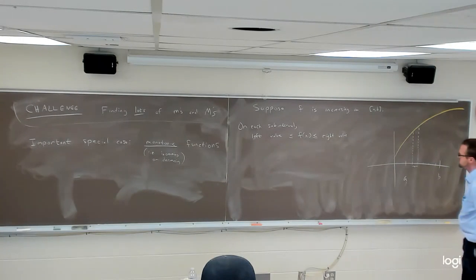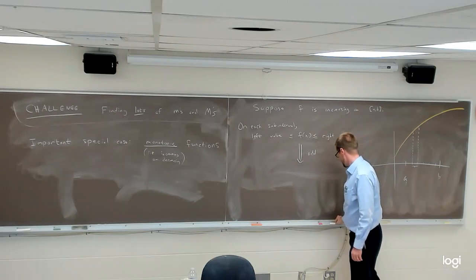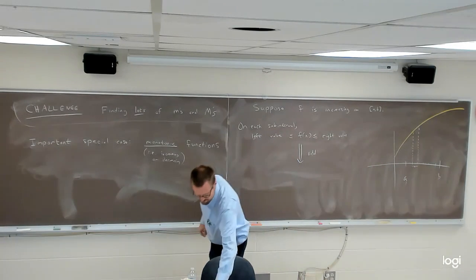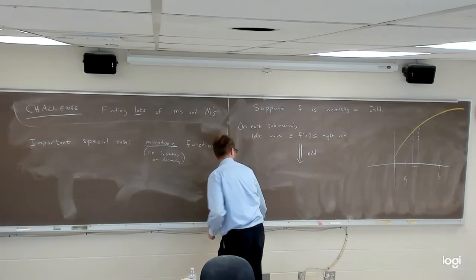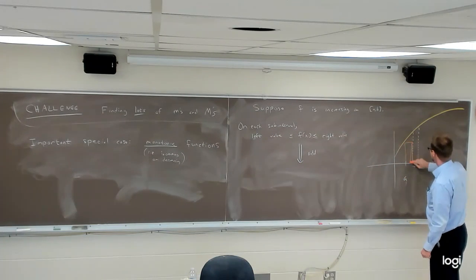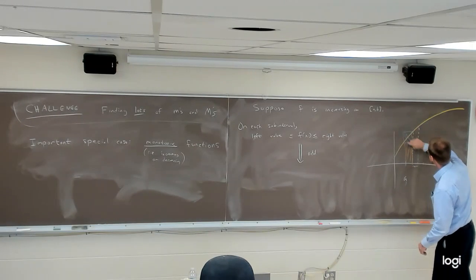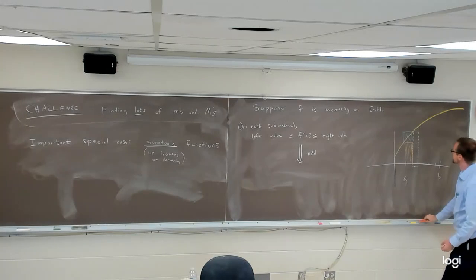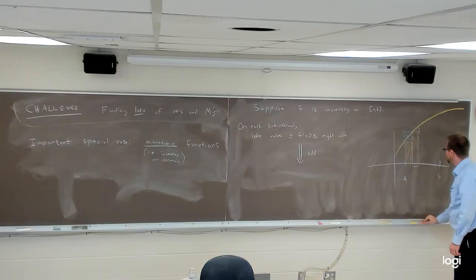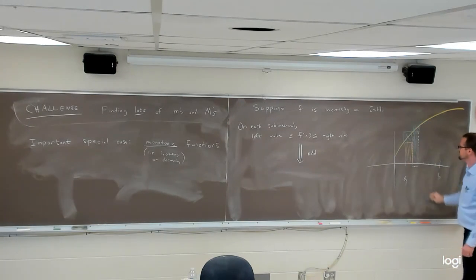So what if I add up this fact over all my subintervals? On my first subinterval, I know that this area is too small and this area is too big. And then on my next subinterval, I know that this area is too small and this area is too big, and so on.